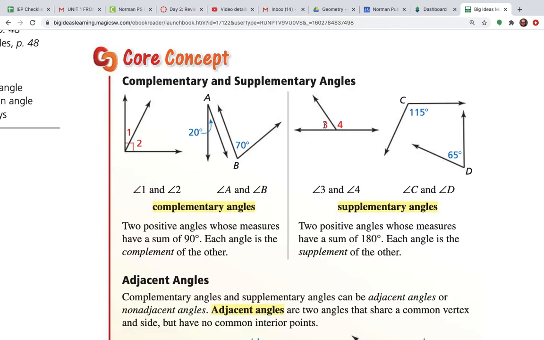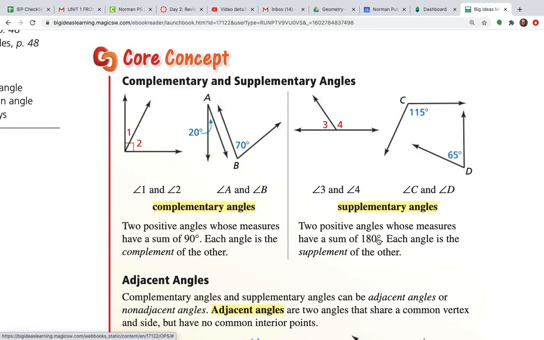Supplementary angles, you add the angles together to get a straight angle. So angle 3 plus angle 4 is that straight angle. Do you remember how many degrees a straight angle is? Spoiler alert, it's already in here. It's 180 degrees. So a right angle is 90 degrees. That's complementary when the two add together to be 90.